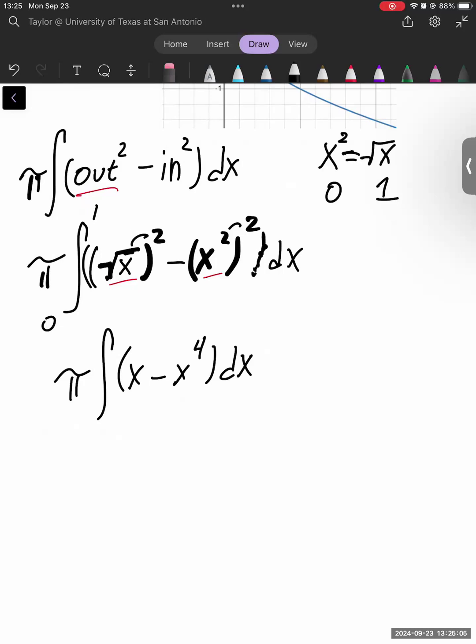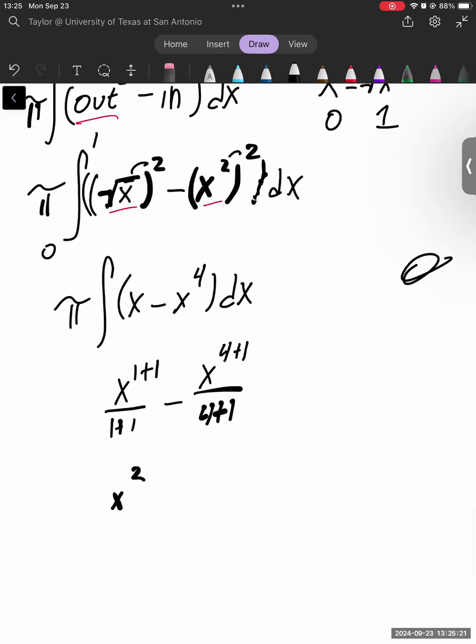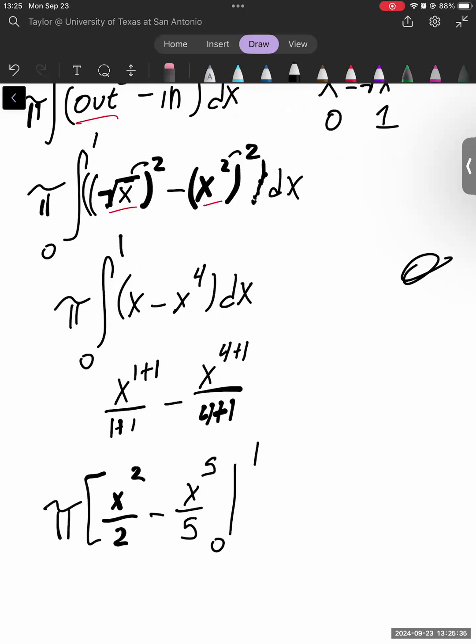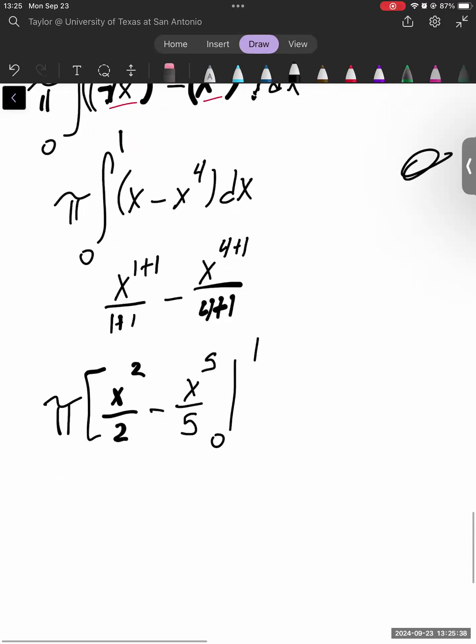So then I have x to the 1 plus 1 over 1 plus 1, minus x to the 4 plus 1 over 4 plus 1, giving me x squared over 2 minus x to the 5th over 5 on the bounds from 0 to 1, all of this times pi. All right, I'm going to pause here and let you guys finish this one. Let me know what you get.